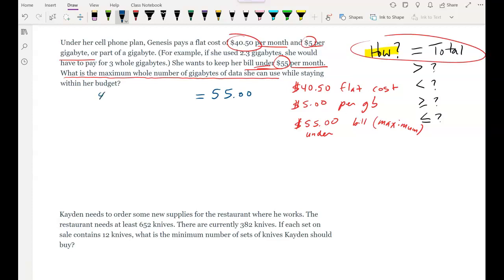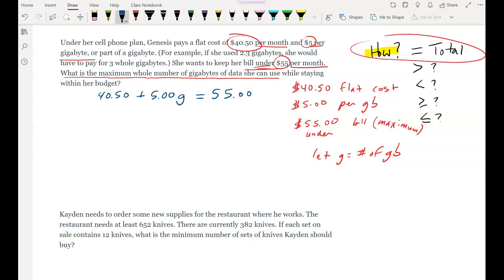Well, she's going to pay $40.50 no matter what, plus she's going to pay $5 per gigabyte. And we've got to think of a variable to use for gigabytes. I'm going to let G equal the number of gigabytes. So $5 multiplied by the number of gigabytes.